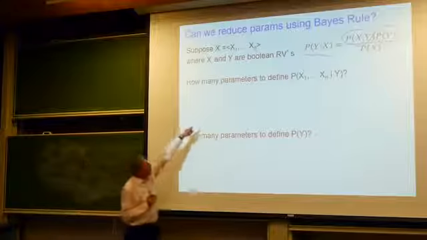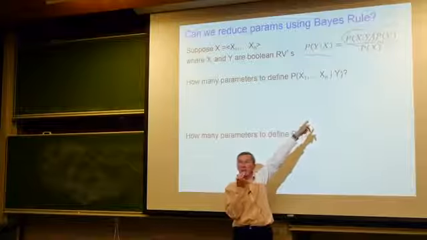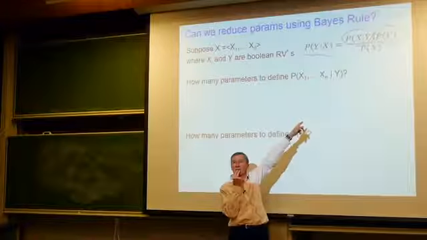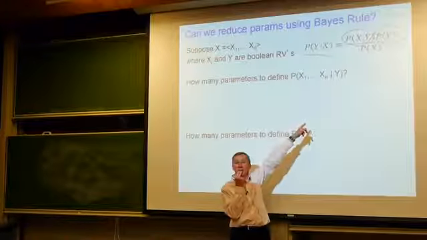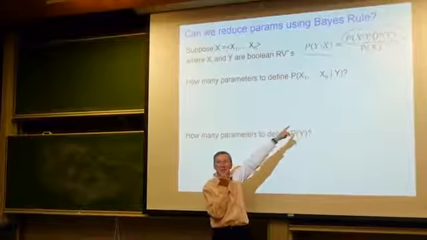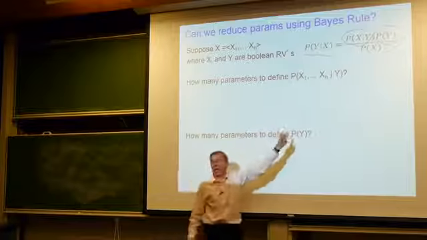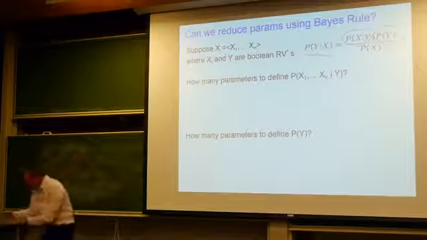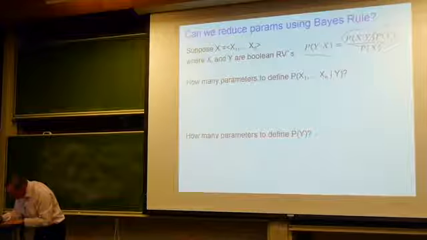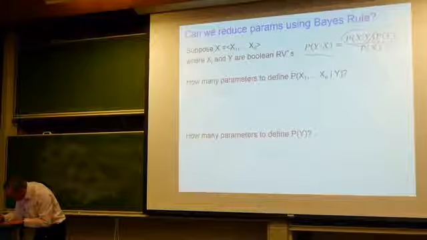Okay, so how many parameters do we need to get this? Remember, y is Boolean and x is Boolean. Two to the n minus 1. So let's consider the case where y equals 1. When y equals 1, then we're just trying to get the probability of the x's given y equals 1.